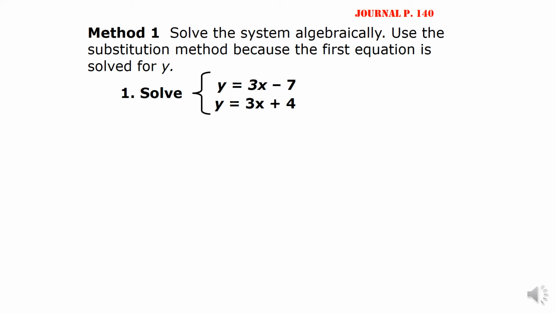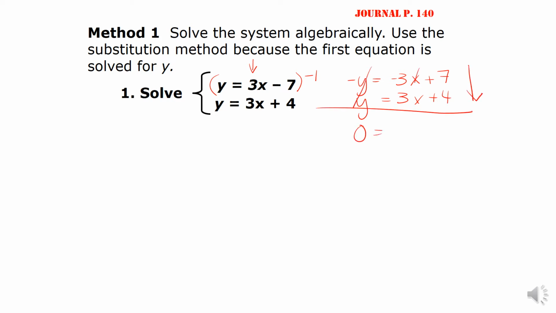Okay, solve the system algebraically. If I was going to solve this, I'm looking for opposites. So I'm going to multiply this equation by -1, and I'm going to get negative y equals negative 3x plus 7. Watch your negatives. Then I'm going to put the other equation underneath, and I'm going to add down, but something strange happens.